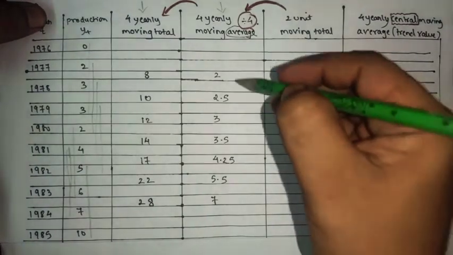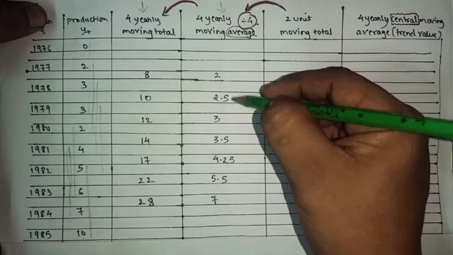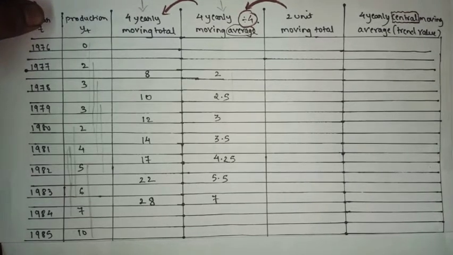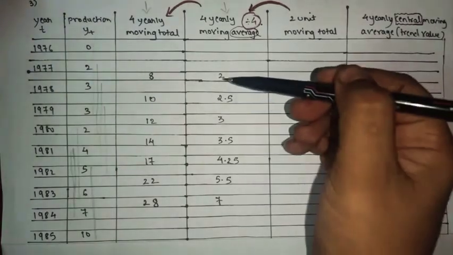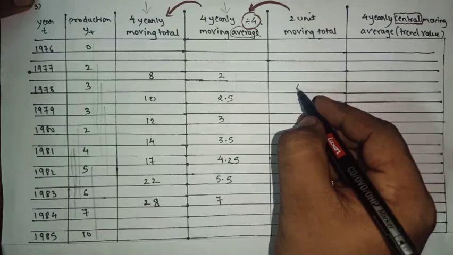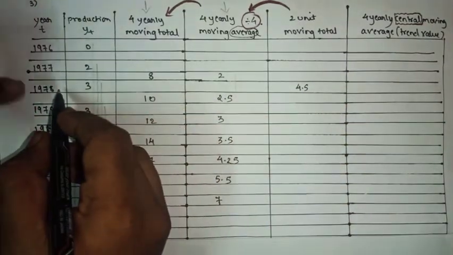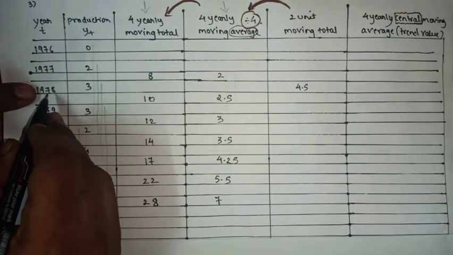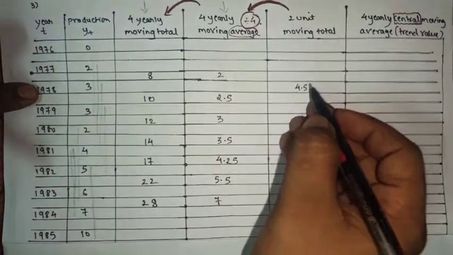So here 2 plus 2.5, you will get 4.5. Now listen here, that answer you will write between these two. 2 and 2.5 you will write 4.5, but between these two, so it lies exactly on 1978.